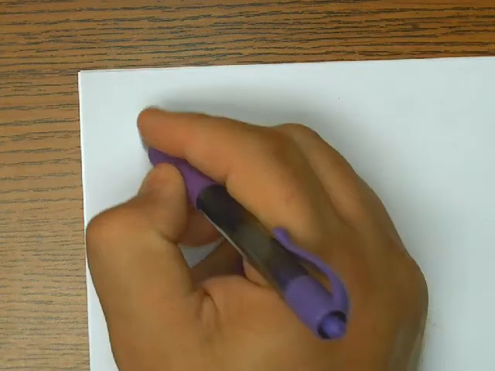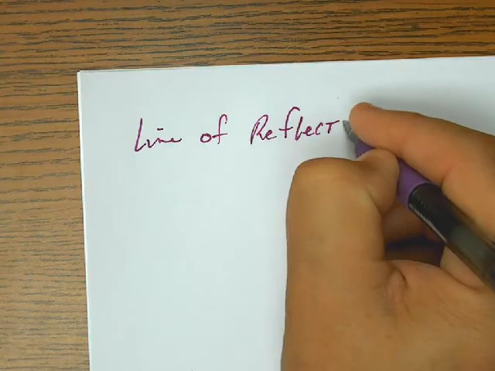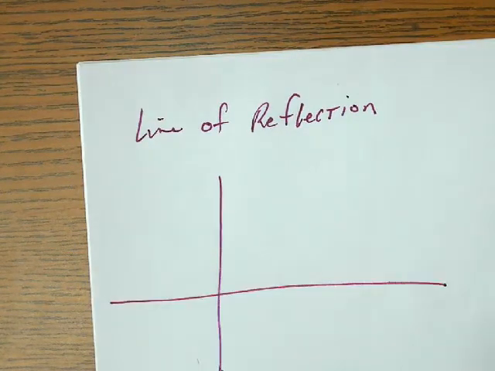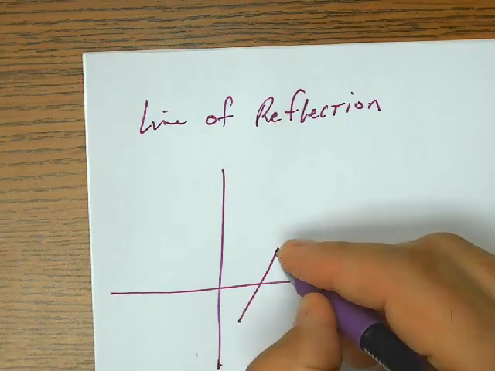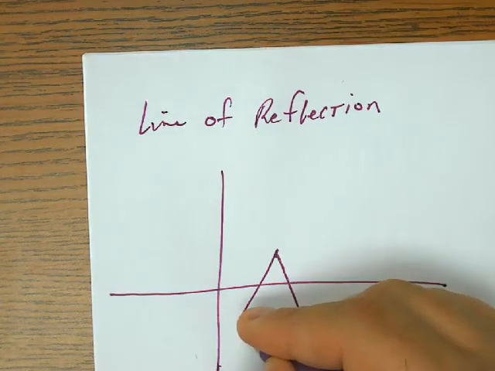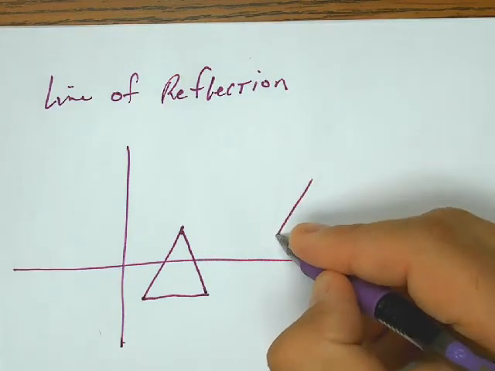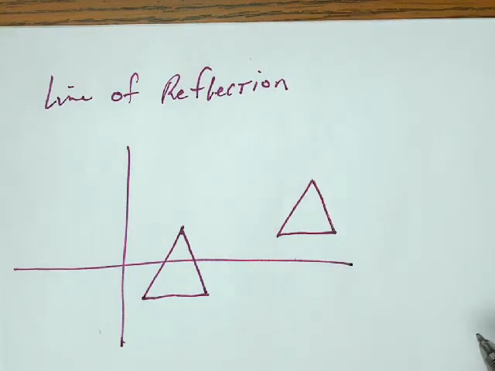Okay, line of reflection. This is a big one. Let's say that I have a graph. Go ahead and make this graph. Oh, sorry, I'm going to have to restart that.